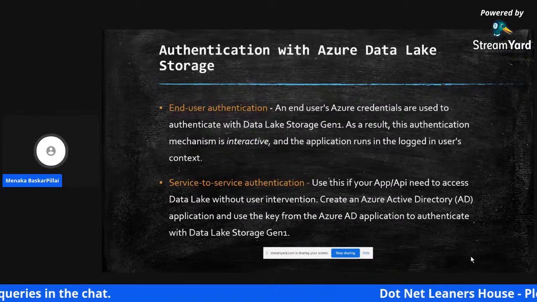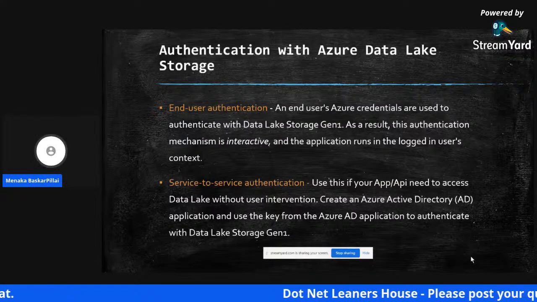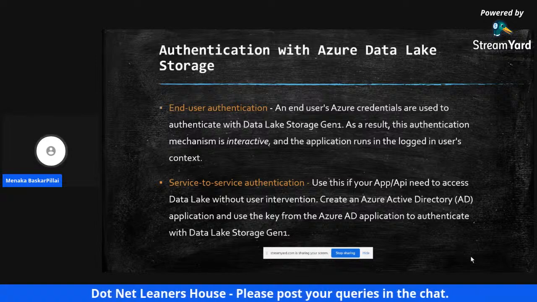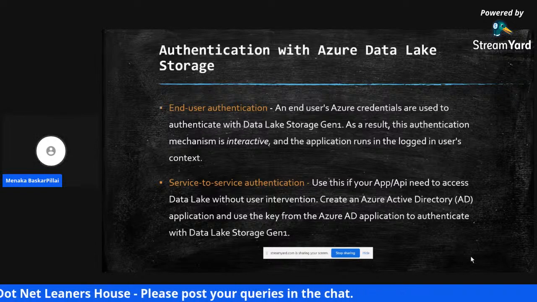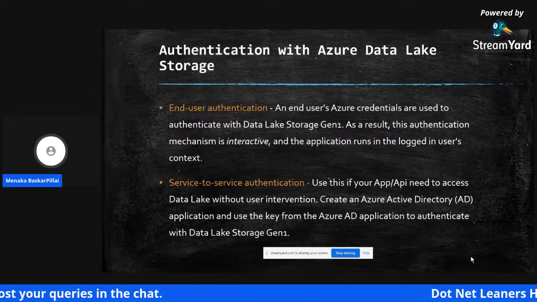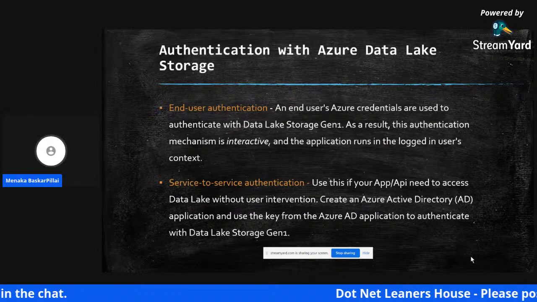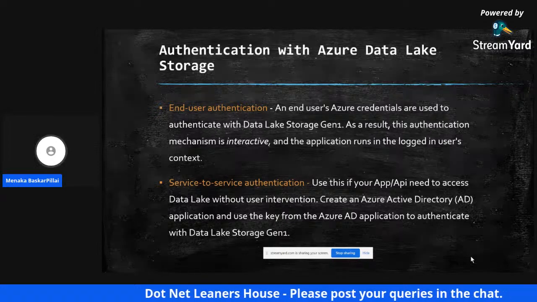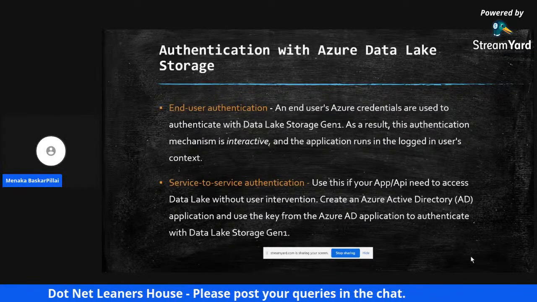End user authentication is nothing but your user credentials being used to authenticate with the Data Lake storage. So you have an authentication process where you need to verify that the user is the one who has access to use the particular data. For example, it is what we used to do with our normal authentication process.